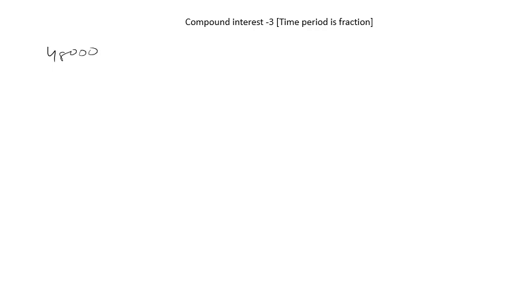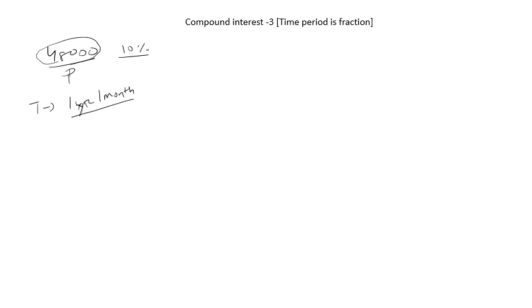I am denoting 48,000 as the principal. The rate of interest per annum is 10%. I am asking you to find the compound interest for the time period of 1 year 1 month. This is 1 year, guys, 1 year 1 month. Okay, so how to find?